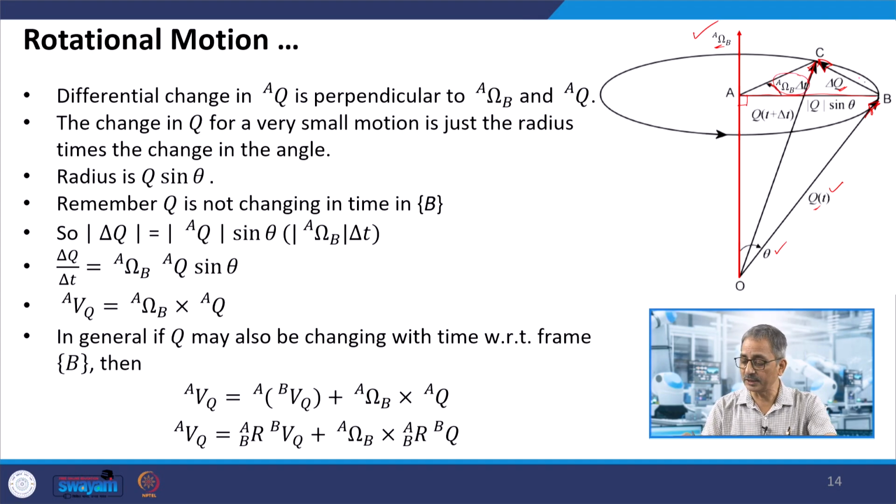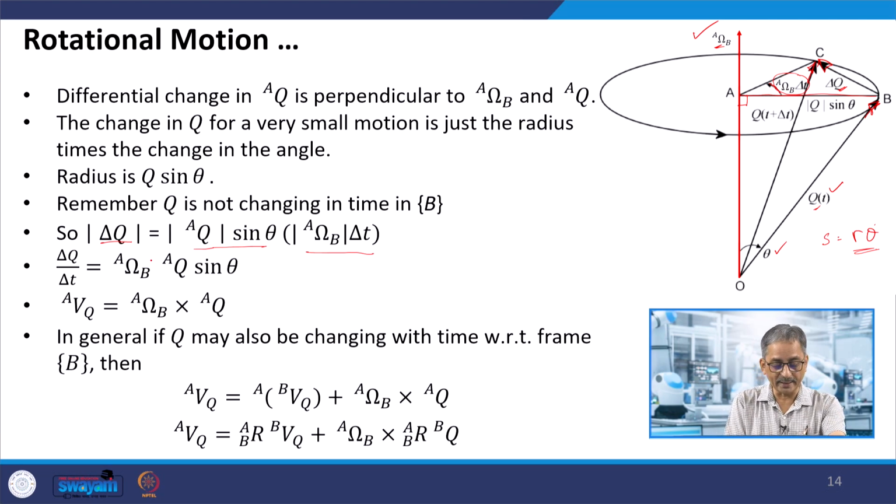So, this is going to give me delta S. The basic concept of arc length of a circle is r into theta. So, r here is Q sin theta and theta is omega BA delta t. So, here delta Q is Q A sin theta multiplied by omega BA delta t.